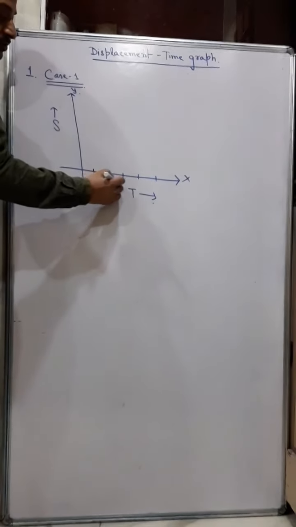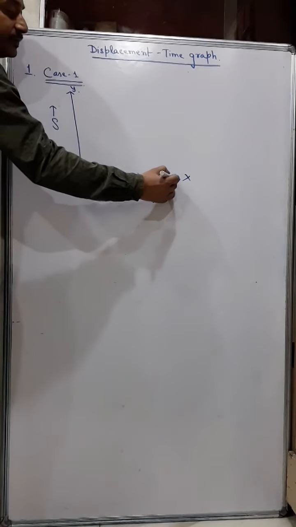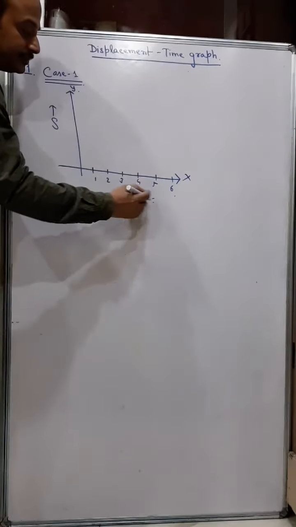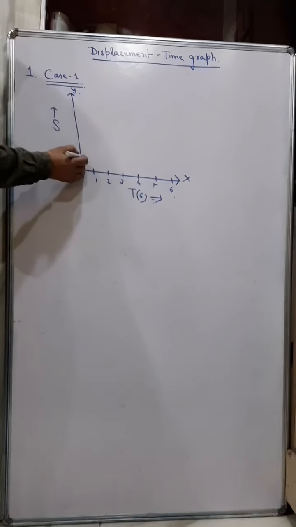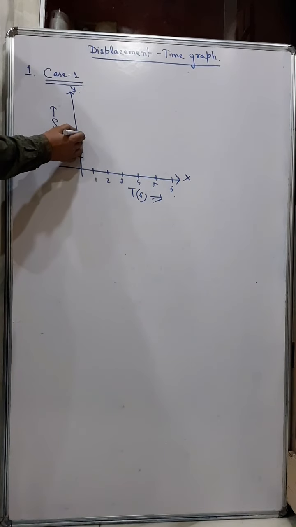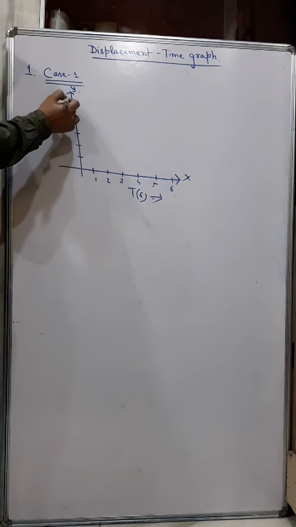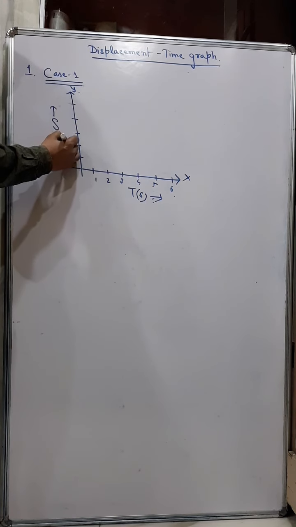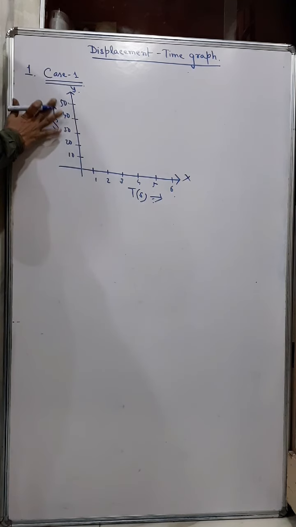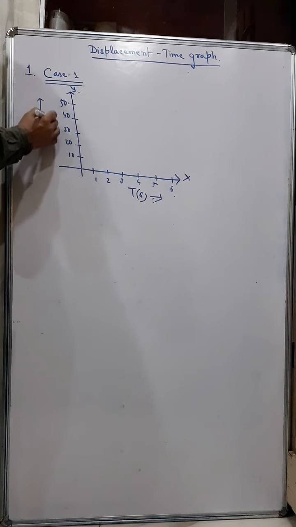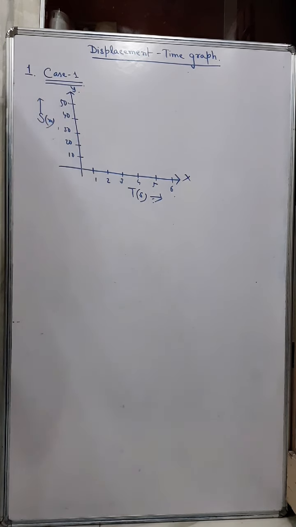Suppose this is 1, 2, 3, 4, 5 and 6 seconds, time in seconds. And suppose this is displacement in meters, the SI unit.